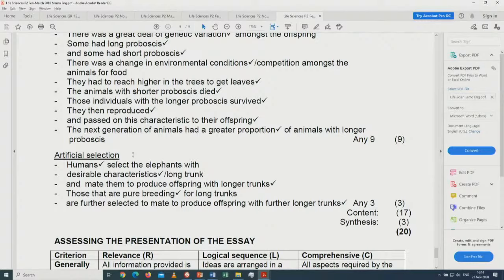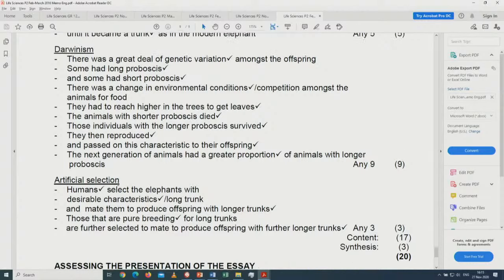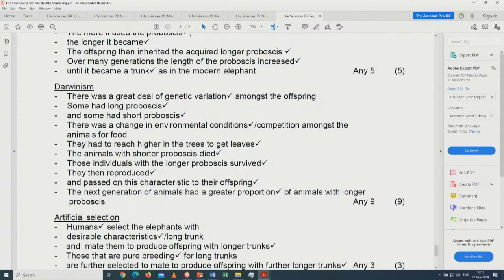Now humans select elephants with desired characteristics, and then they make them produce offspring with longer trunks. Those that are pure breeding are further selected to mate to produce offspring with further long trunks. Now this question, we have to be specific on the example that was given in the question paper.